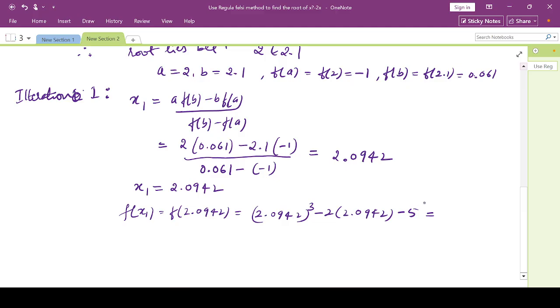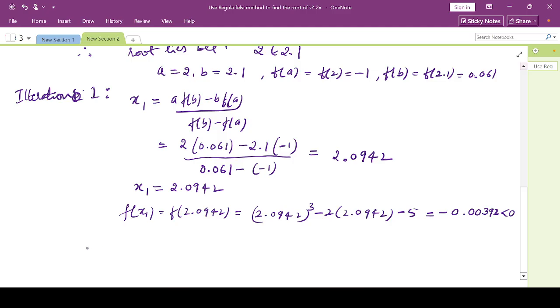So on calculating, you will get negative, that is minus 0.00392, and which is less than 0. Students, in case of less than 0, less than means the first value in the interval.